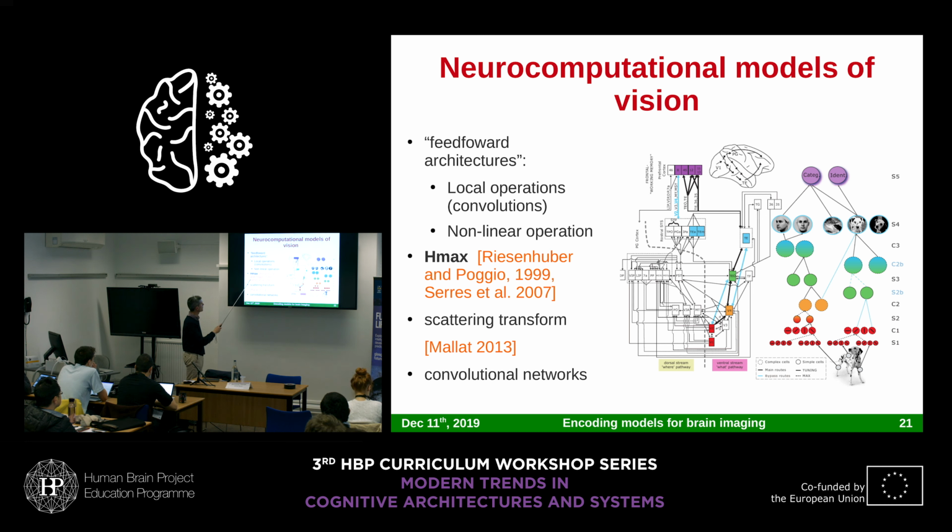For many years, the HMax model was the reference implementation for this kind of processing. The model was well specified for the first layer, but it was less clear how the next layers should be implemented. There were some implementations that were kind of working, but we were still lacking some principles to get good models for vision.